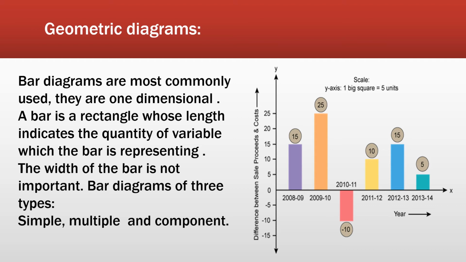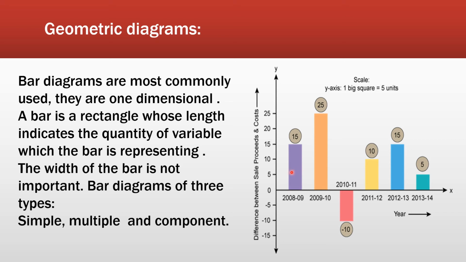Bar diagrams are most commonly used. Most often they are one-dimensional, but now with infographics we can have so many different types of bar diagrams that can be 3D and multi-dimensional. A bar is a rectangle whose length indicates the quantity of the variable or the frequency which the bar is representing.